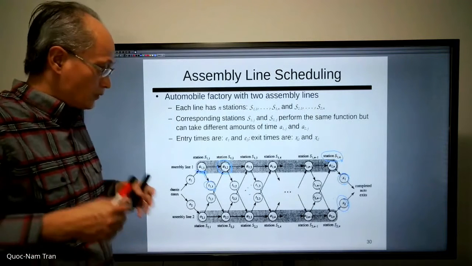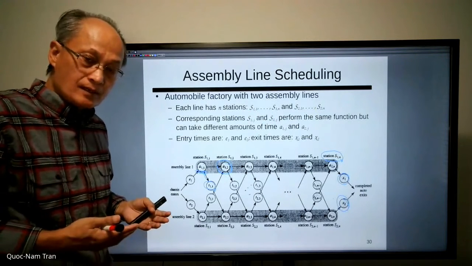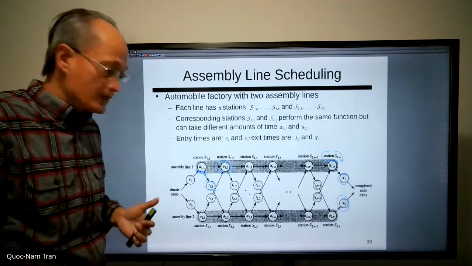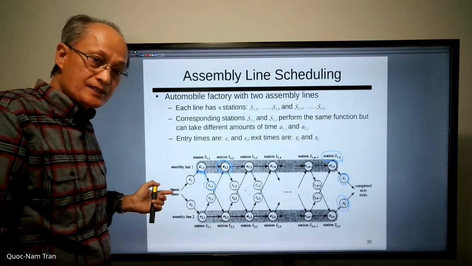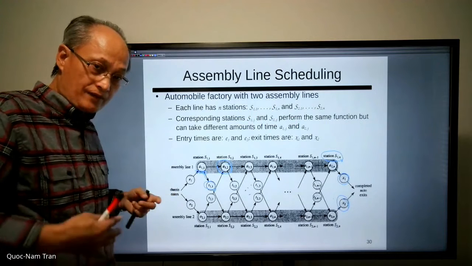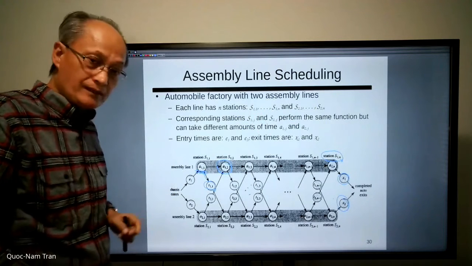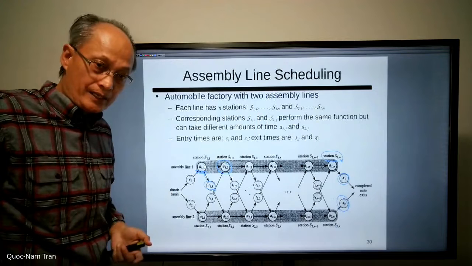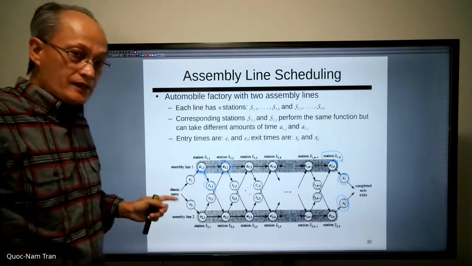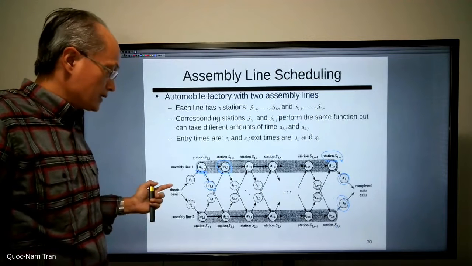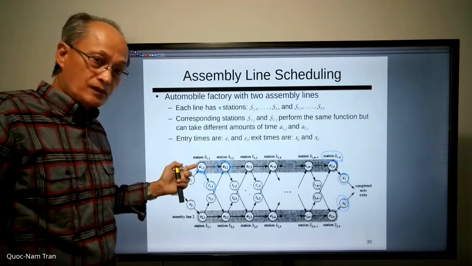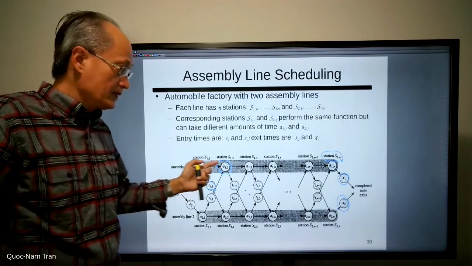And the question is, what would be the best time, or the shortest time, needed for finishing a new chassis. If you have a new car entering the assembly line, what would be the best way? In general, it's not that you give the car to an assembly line and continue to do that.